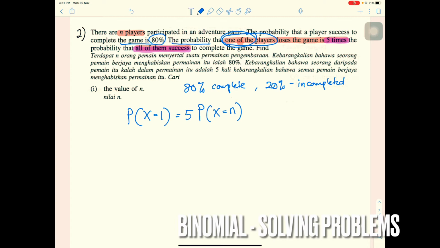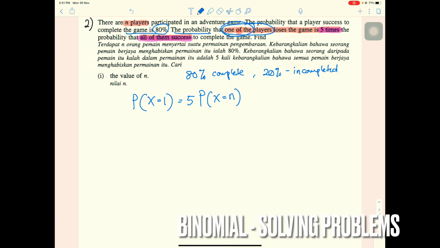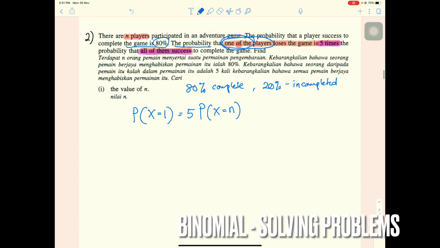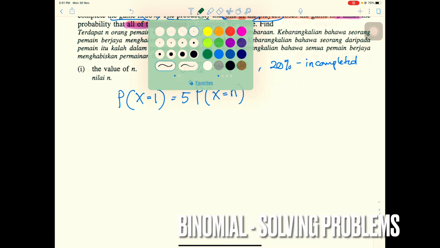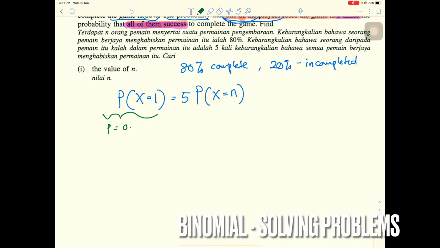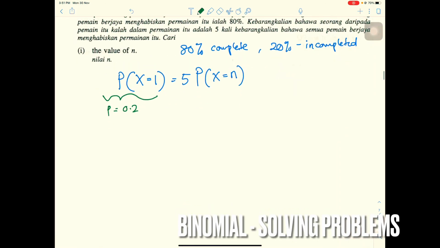Alright, so we want to find the value of n. So for x equals 1, one of the players loses, that means the value of p is 0.2 because of incomplete, therefore Q equals 0.8.